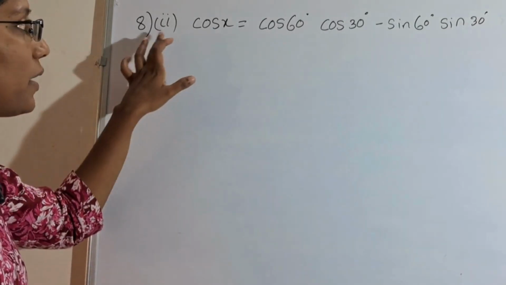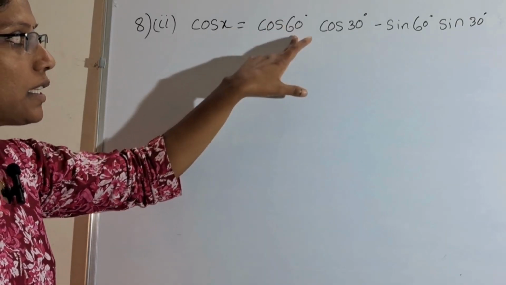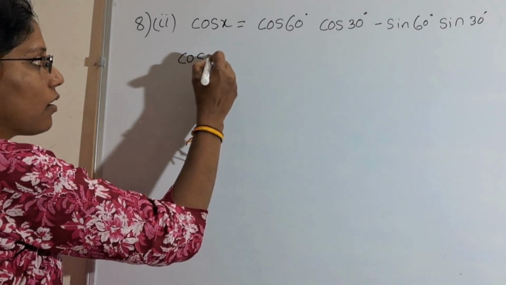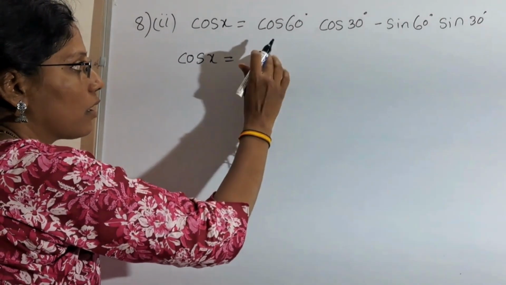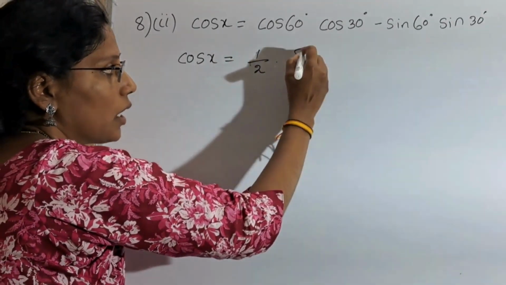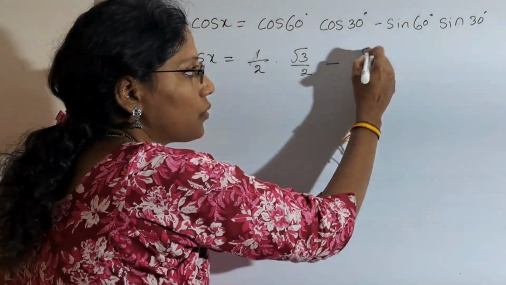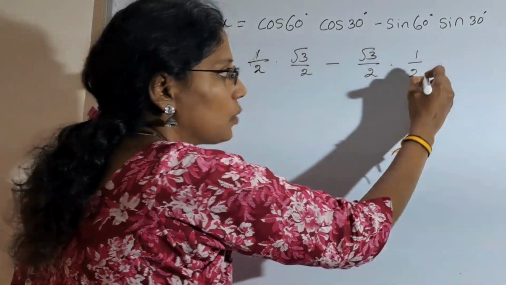Next problem, 8th main, second problem. In this problem also we have to find the value of x. We write the values of these angles. Cos x is equal to cos 60, which is 1 by 2, into cos 30, root 3 by 2, minus sin 60, root 3 by 2, into sin 30, 1 by 2.